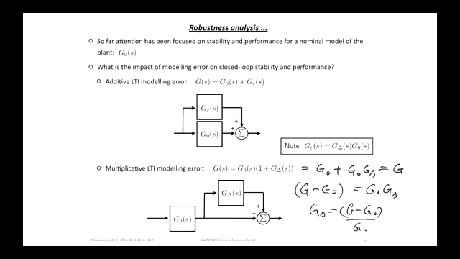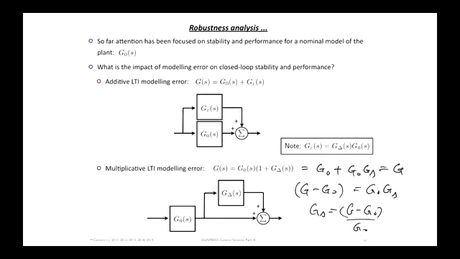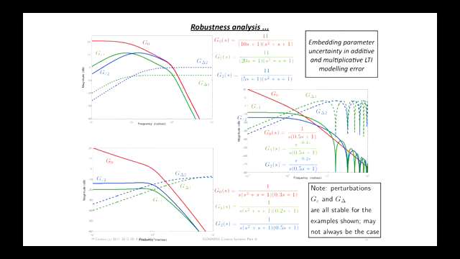You can do the same sort of calculation to figure out what the multiplicative modelling error is, in terms of how different this is from this and how different this is from this. And that gives you these curves here. I've just calculated these in the way shown here. What we can observe is that for parameter uncertainty of this kind, the multiplicative modelling error is most significant at high frequencies.